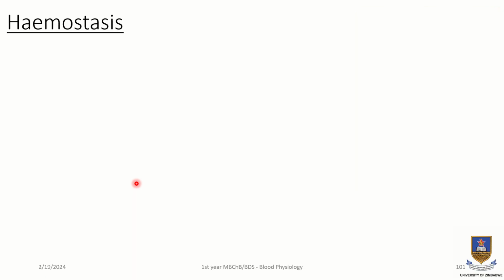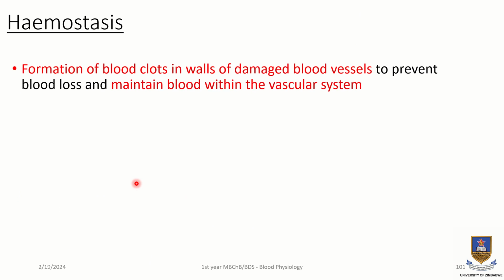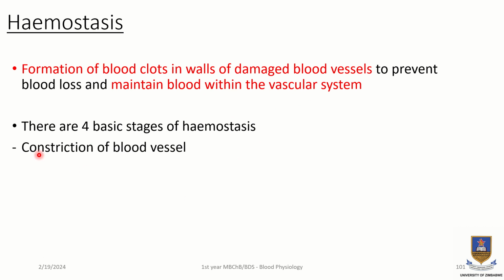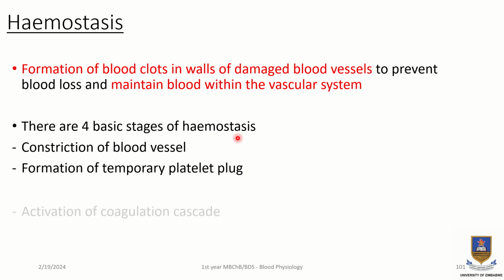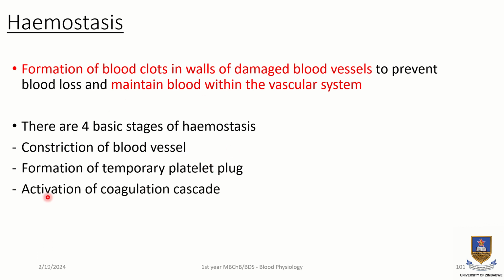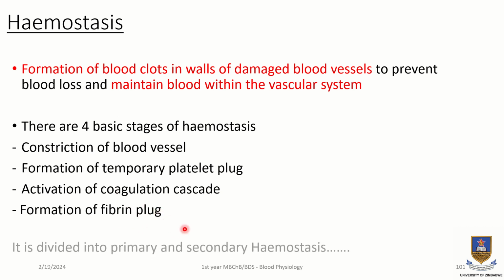Now, hemostasis, right? As we said, is the formation of blood clots in walls of damaged blood vessels to prevent blood loss and maintain blood within the vascular system. So there are four basic stages. The initial response being constriction of blood vessels and formation of a temporary platelet plug, and the secondary response being activation of coagulation cascade and formation of a fibrin plug, right?